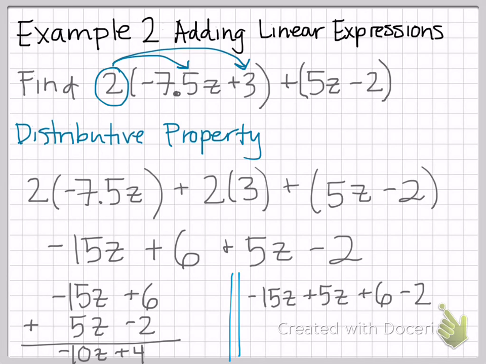Okay, let's go ahead and simplify that. Negative 15z plus 5z would be negative 10z, and then that positive 6 and that negative 2 would make a positive 4. Do you see how you would get the same answer?